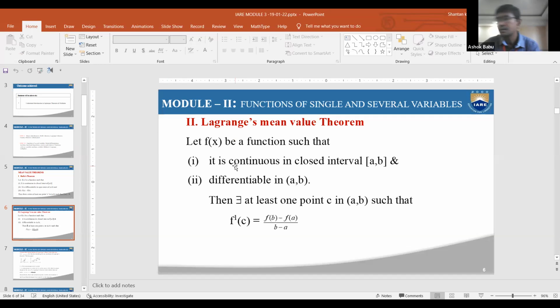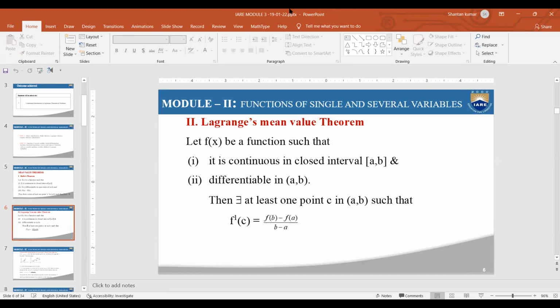See, it is Lagrange's theorem. Am I audible, Amma? Yes. Okay.